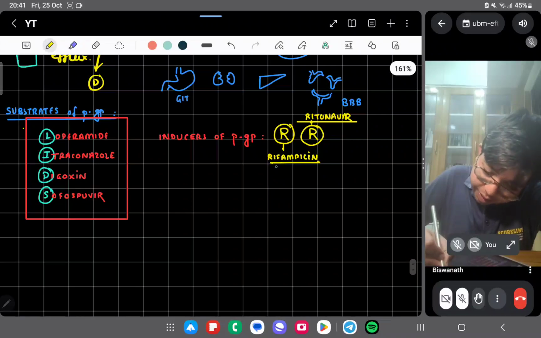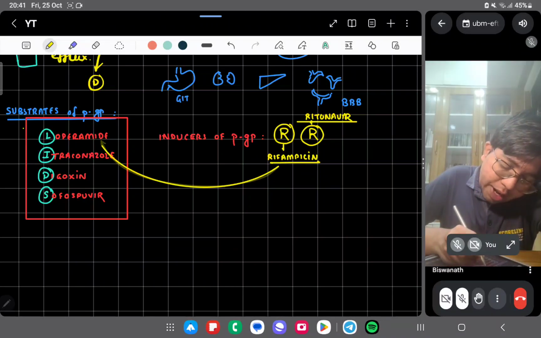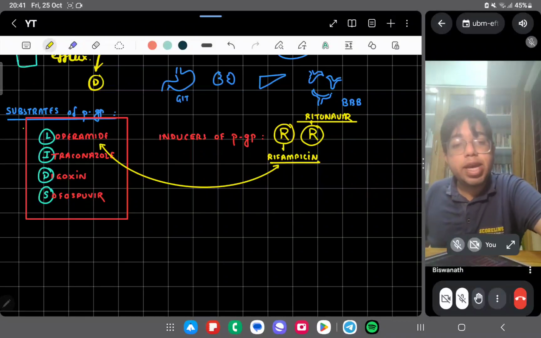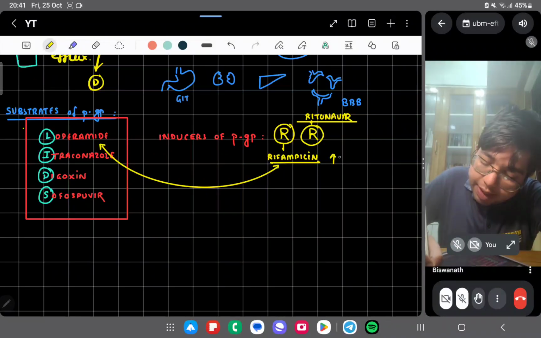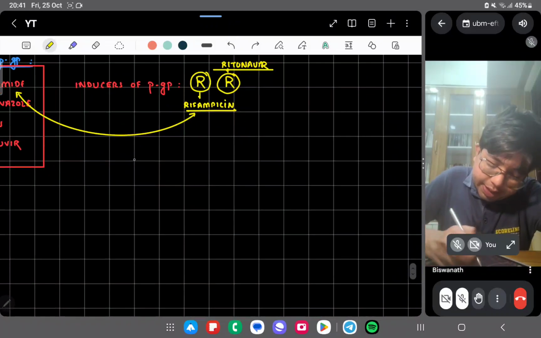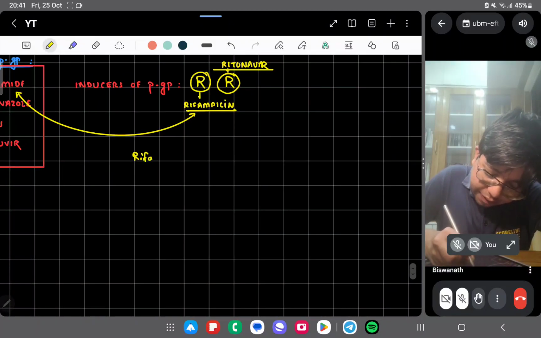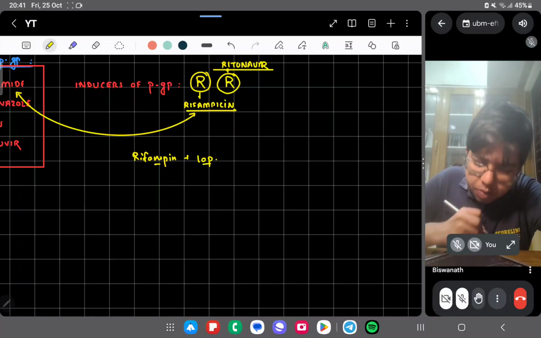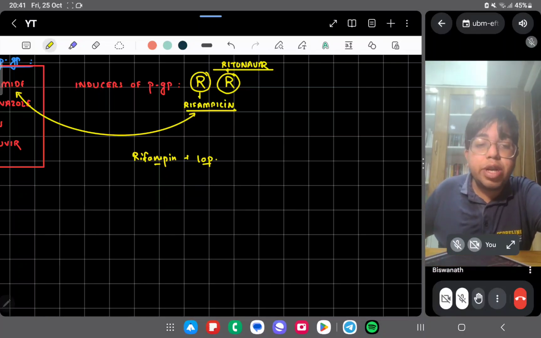So whenever you give rifampicin plus loperamide, the loperamide will not show its effect. Why? Because rifampicin will induce the PGP. Let's say you gave a patient rifampicin plus loperamide. What does P glycoprotein do? P glycoprotein is effluxing out, right?